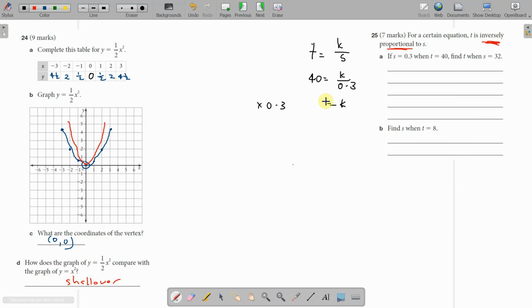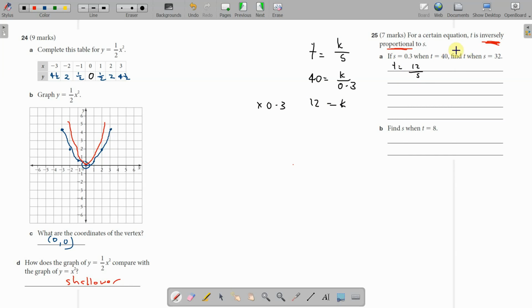Okay. So k equals 12. Now we can put k as 12 here instead of k. That's the equation. T equals 12 over s. And that's our k.